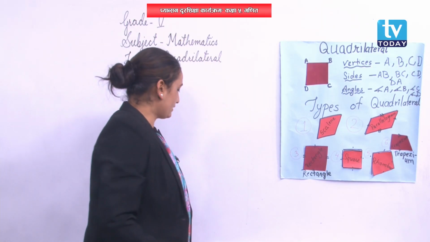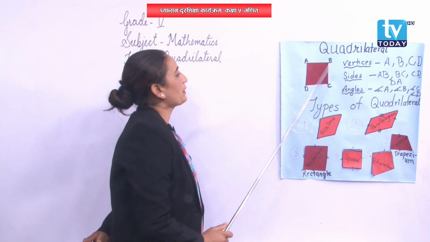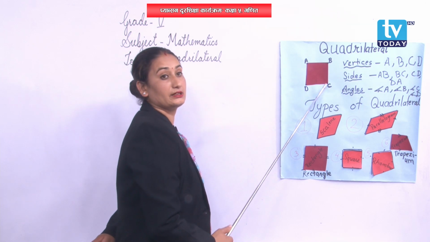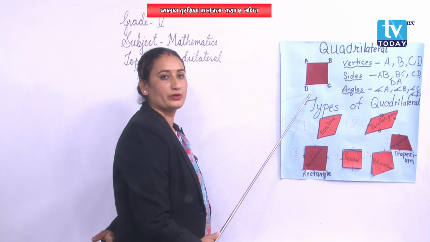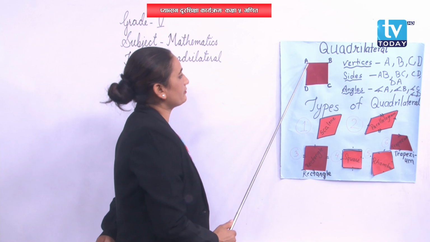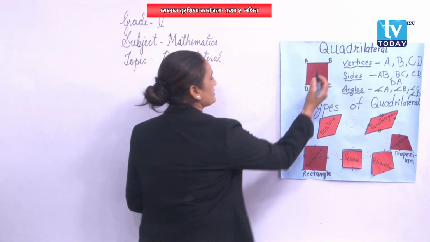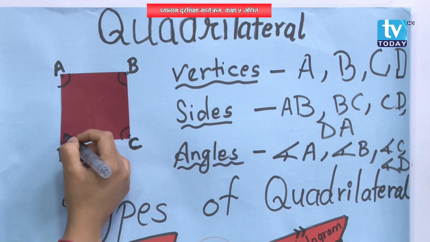Let's have a look at these pictures. Vertices A, B, C, D. There are altogether 4 points, so we call them vertices. Inside the vertices, you know the angle. Which one is the angle? See, these inside, these are the angles.